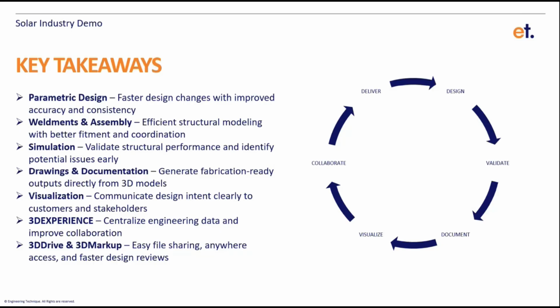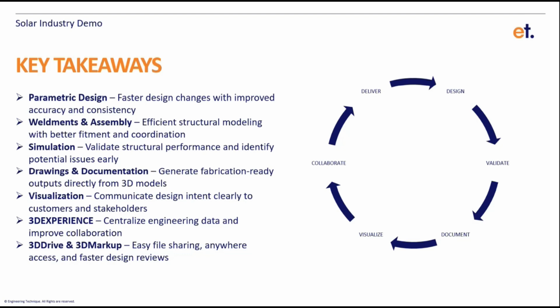First, we saw parametric design, in which your model is updated if there is any minor change, with no need to create the whole assembly again. Then weldments and assembly: we saw how structural members are easily created with a single click, and in assembly, how you can apply mates, align the components perfectly, and check interference and collision detection.